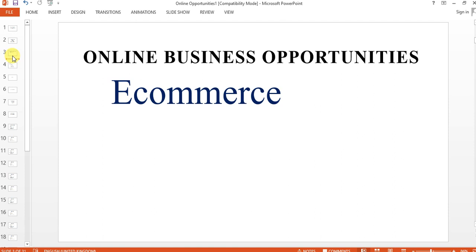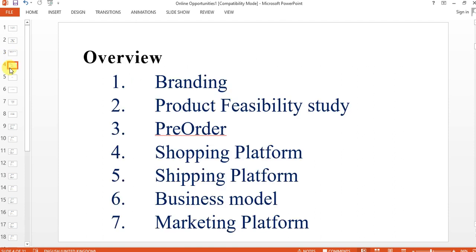When two people exchange goods or services, that's commerce. Now, if this exchange is done over the internet, that's e-commerce, right? Electronic commerce, that's the E word there. So let's look at some of the elements of e-commerce that you must understand or that drive e-commerce.